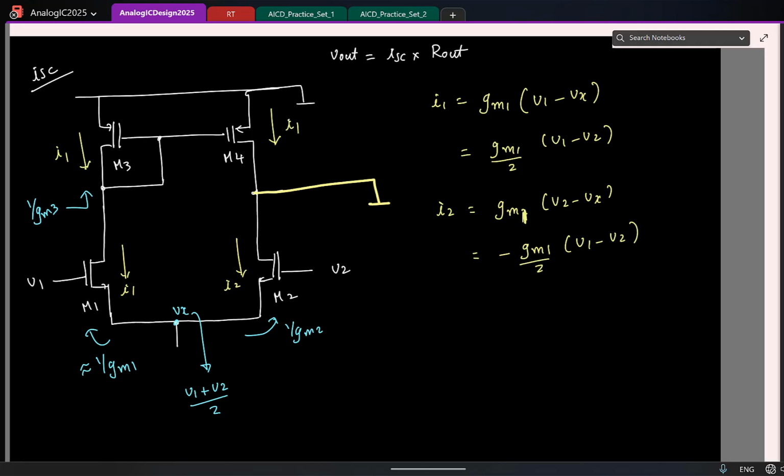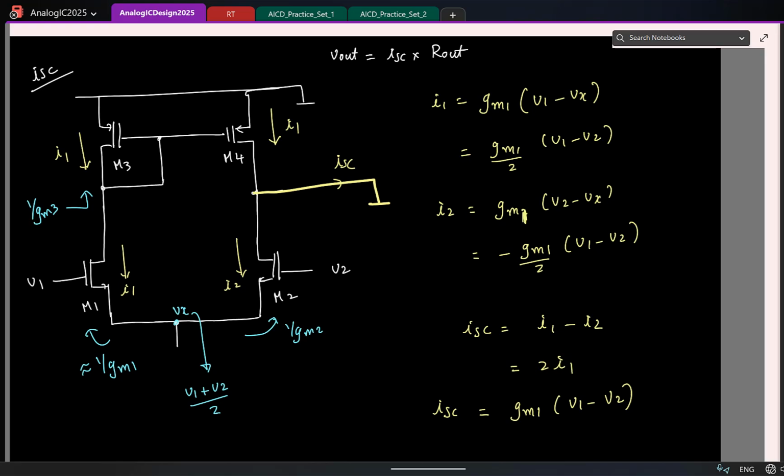Correct? So what is my total short circuit current? Basically it's I1 minus I2, or 2 times I1. The current flowing here is the difference between I1 and I2, and I already know I1 is minus I2. So what is the short circuit current now? Gm1 times V1 minus V2. It's essentially twice of this current.